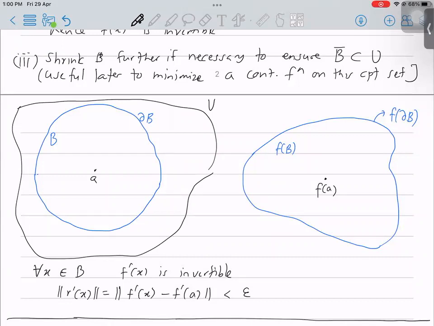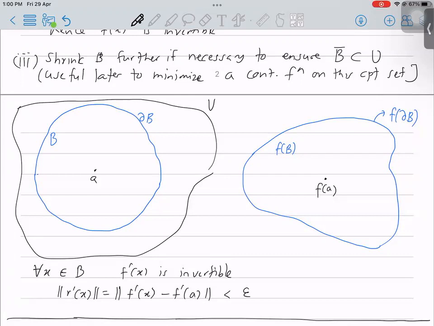Maybe what we can say is that make B even smaller, where I have shown it to be a bijection, so that even the boundary is contained inside a set on which I have a bijection. But this sort of brings in how close can f of A be to this f of the boundary? And the answer is it really cannot be very close.